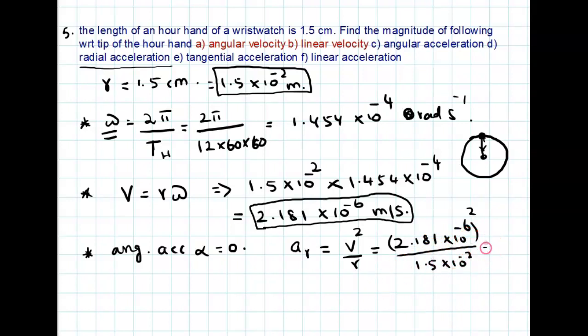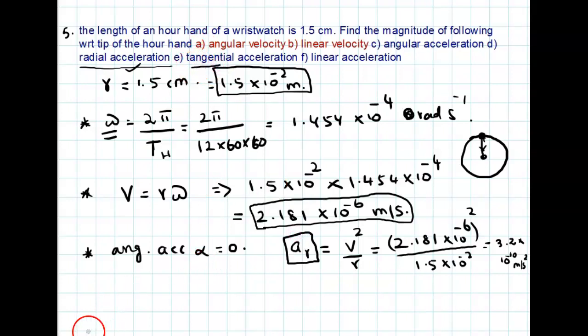So the answer is 3.2 multiplied by 10 to the power minus 10 meter per second square. This is the answer for radial acceleration. We found the radial acceleration a_r.